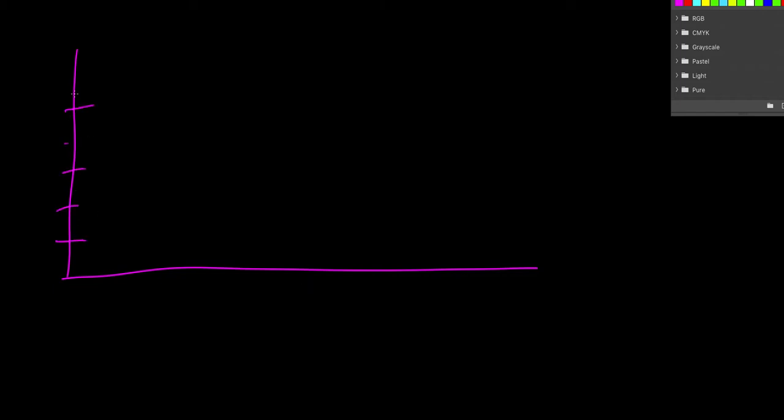The velocity time graph. So I got to draw this thing. Your book's going to be a better version of this. 10, 20, 30, 40, 50, 60. So it looks something like that. Then we get 0.1, 0.2, 0.3, 4, 5, 6.